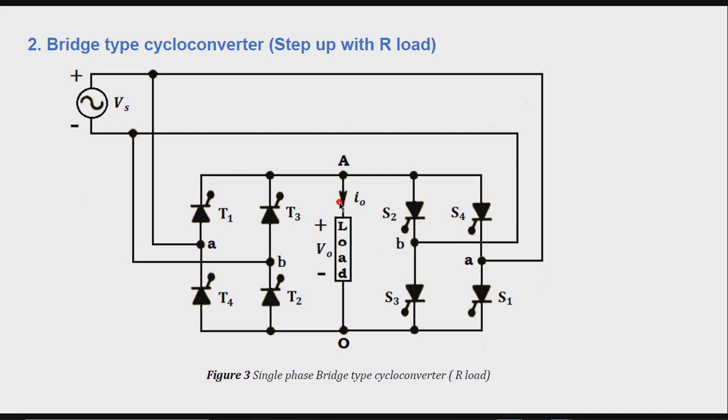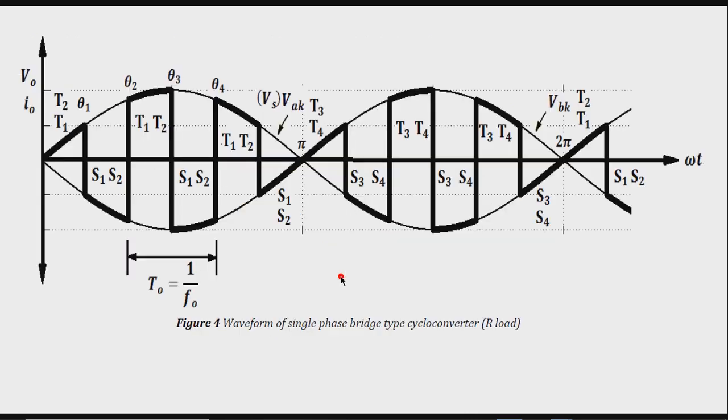When thyristors T1 and T2 are triggered at omega t equal to 0, the load voltage is positive and follows the positive envelope of the supply voltage. In this condition the current flows through T1, then the load, then T2, and the load voltage is positive as shown in this waveform.